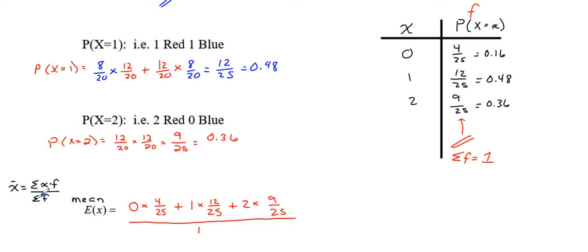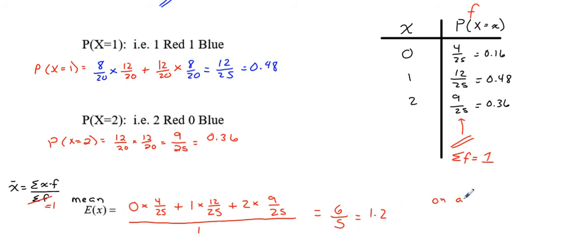So really, this part of the formula isn't even necessary because that's always going to equal 1. So you really just have to do this top part. 0 times 4 over 25 plus 1 times 12 over 25 plus 2 times 9 over 25 gives you, in lowest terms, 6 over 5, which makes 1.2.